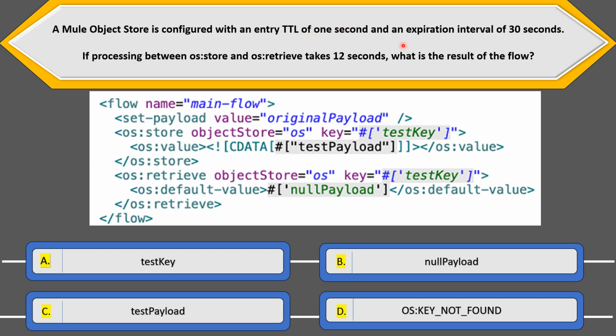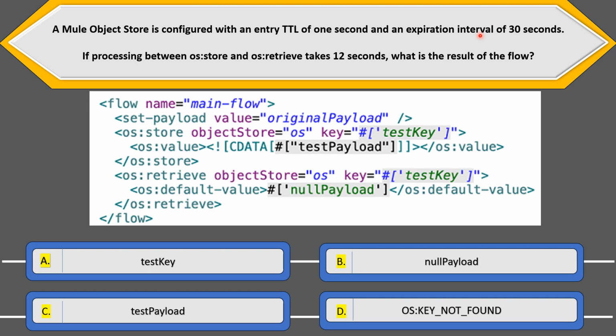But the catch that is mentioned next is the expiration interval. So what is this expiration interval? It is nothing but the frequency after which a Mule thread runs and checks the object store for the entries which have surpassed their time to live value.